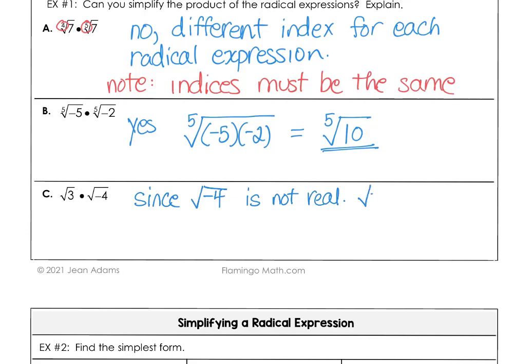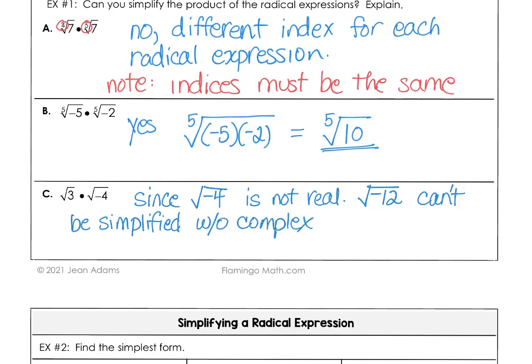And by simplifying, we would end up with the square root of negative 12. That can't be simplified without using complex number rules. So in that case, in this lesson, we would have to say no.